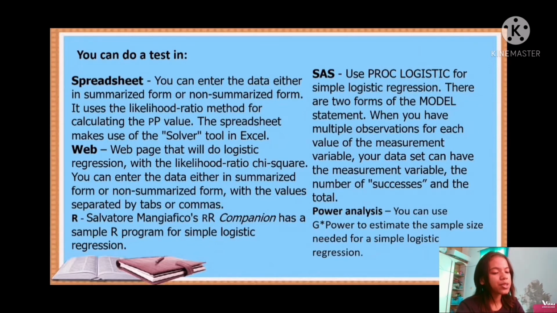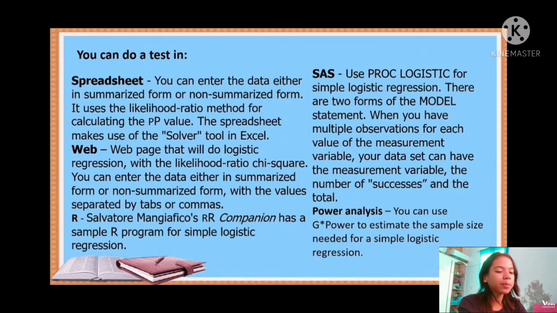SAS: use proc logistic for simple logistic regression. For simple logistic regression, there are two forms of the model statement.